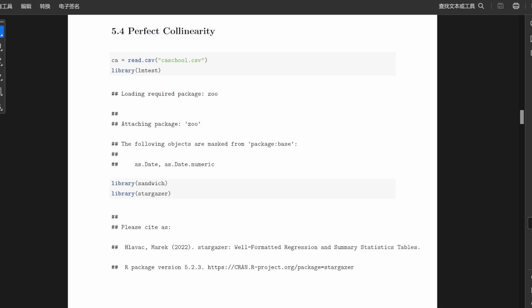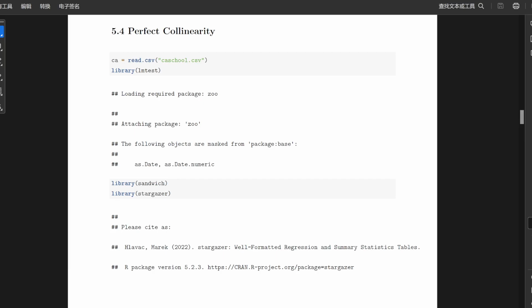Okay, so my next topic is perfect collinearity. If you put two dummy variables that are perfectly linearly related, if you put both of them in your regression, what will happen?